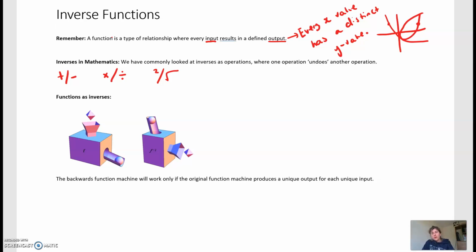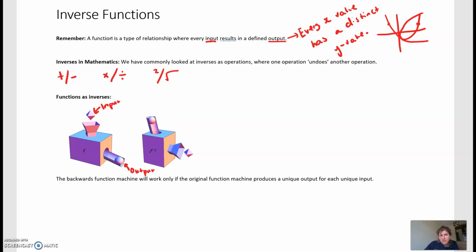What we're going to look at now has the same kind of idea as an operational inverse, but a function inverse, whereby one function undoes what another function had already done. I'm going to go back to this idea of having a machine. Here's our original function machine, where we have an input, and that results in an output.